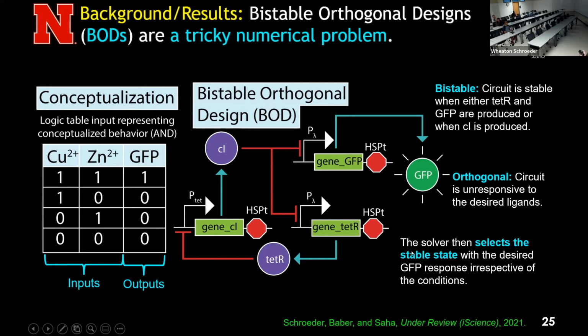And then what happened, at least in our early stages of developing this tool, is that the solver selected a stable state which gave the GFP response that the table wanted, but not necessarily what you would see in vivo.